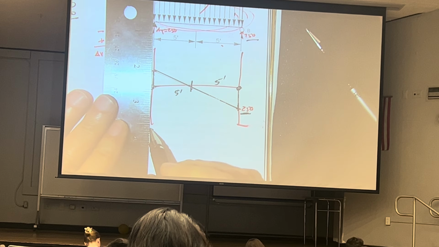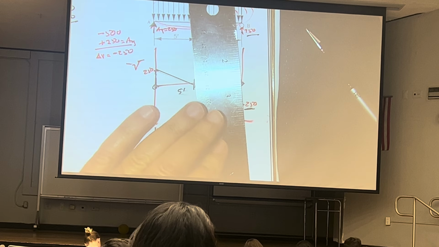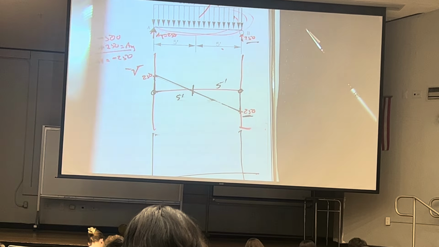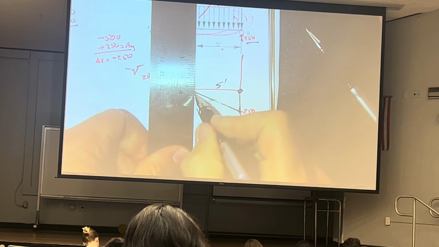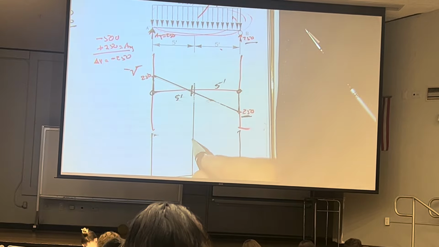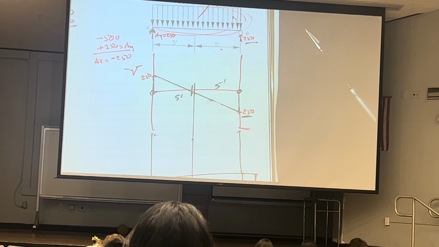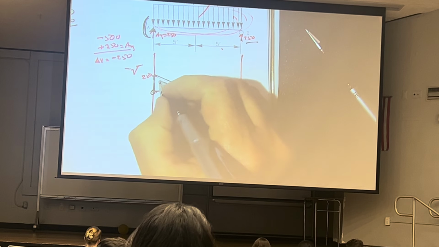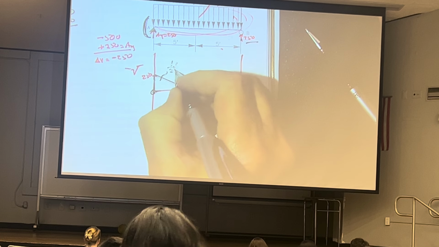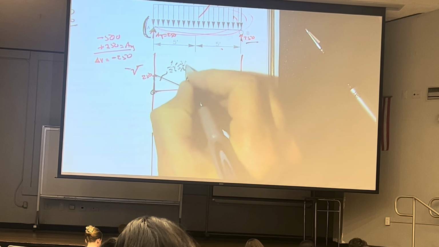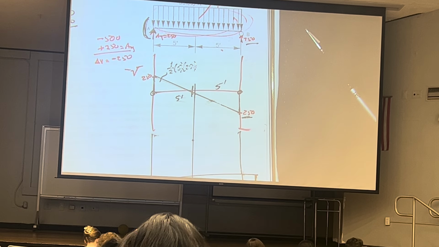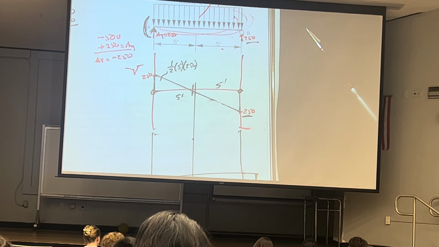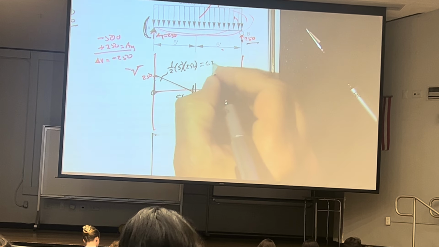Let's draw the bending moment. I know at 0 here, that's got to be a peak value. There is no moment out here. There's no external moment, so it's got to start at 0. What's the area underneath there? This is 1/2 times base 5, height 250. Yes? Or no? That's going to give me 625.